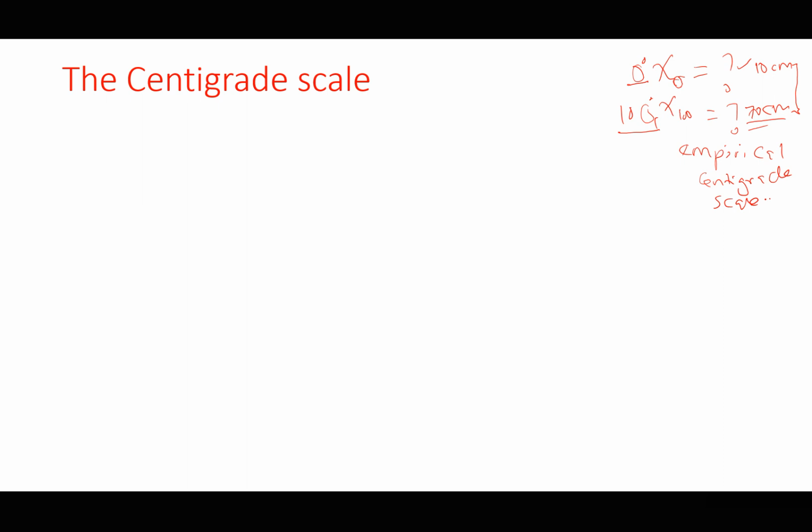So when we divide the range between the points where we have measured the property at the ice point and at the steam point, we come up with what we call an empirical centigrade scale of temperature for that particular thermometer. Now I want you to note that there is nothing special about these two fixed points, the ice point and the steam point.